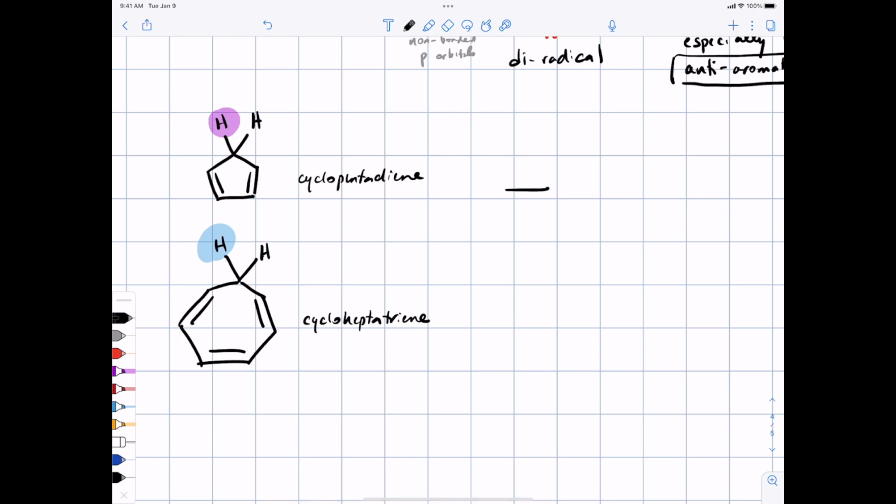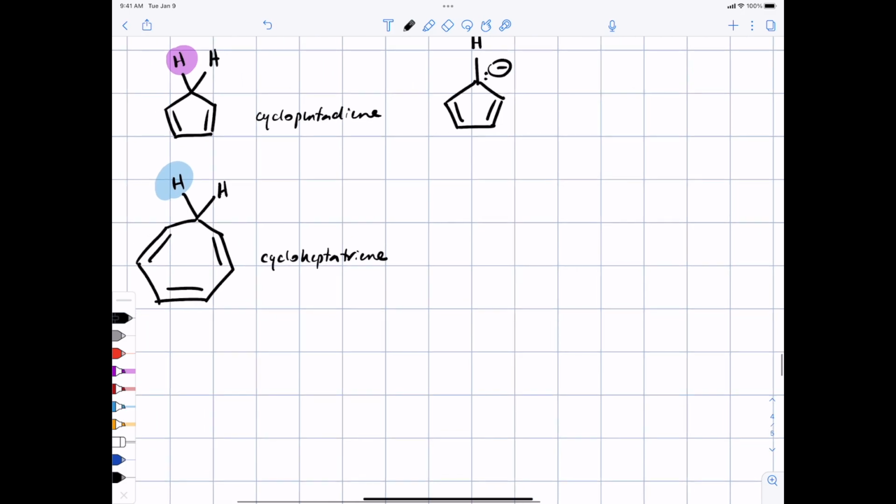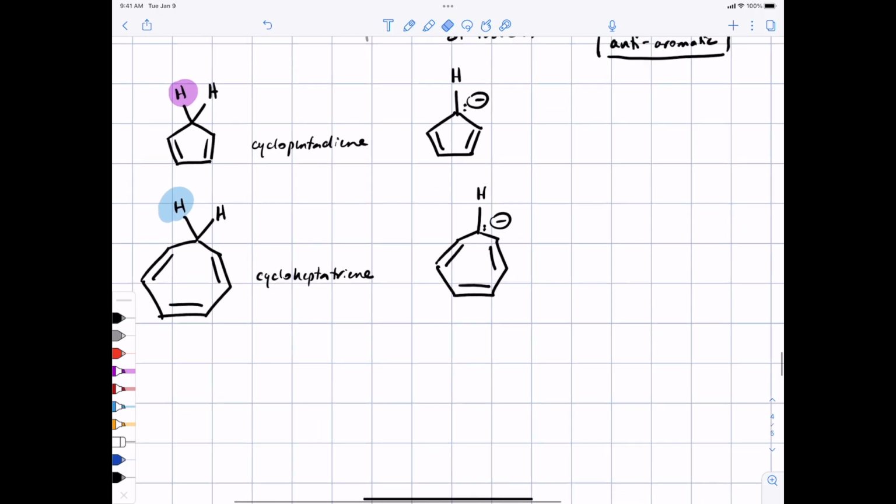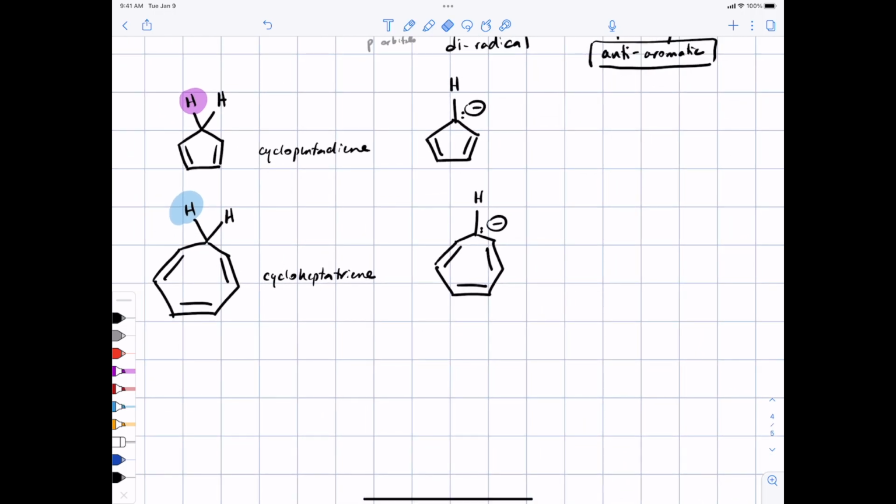Are you sure? So when comparing acidities, always draw, this is something you should have learned from 351, always draw the conjugate base. Do you have any reasons to suspect one of these is more stable than the other?